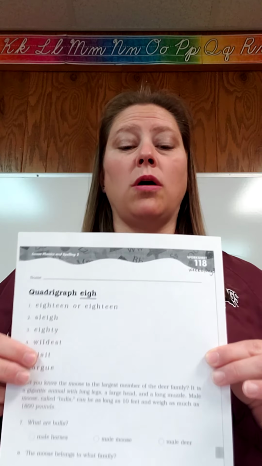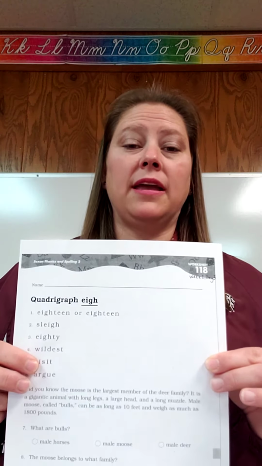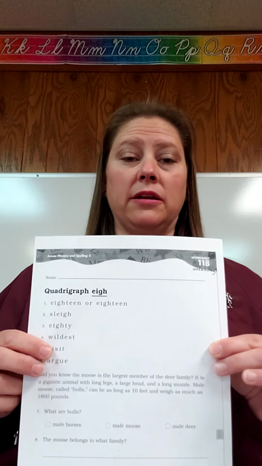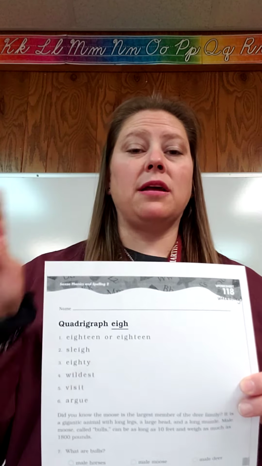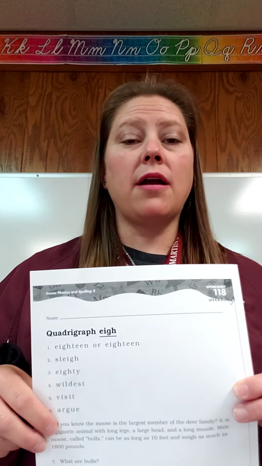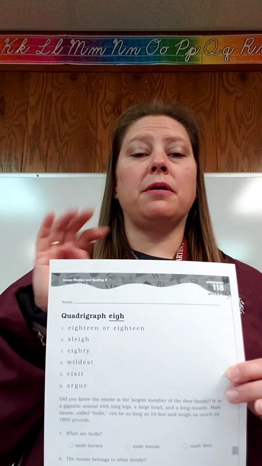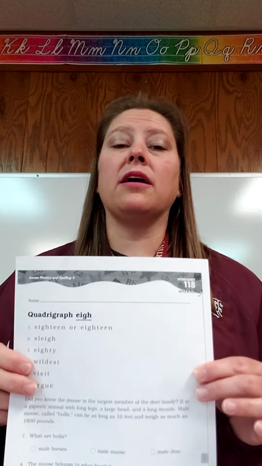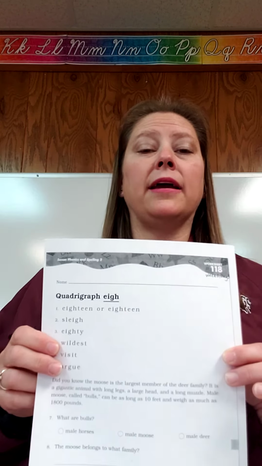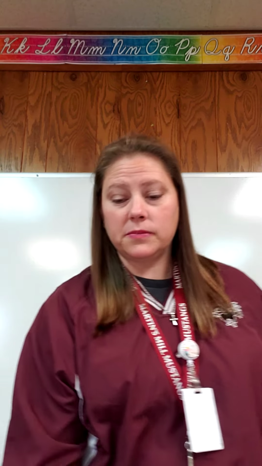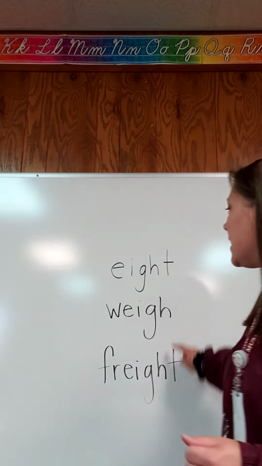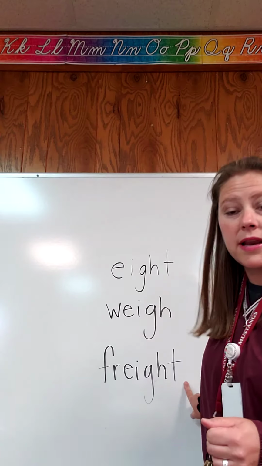So this is a quadrigraph because it is made up of 4 letters, just like a digraph is made up of 2, a trigraph made up of 3, a quadrigraph made up of 4 letters. So we're going to be looking at quadrigraph E-I-G-H today.